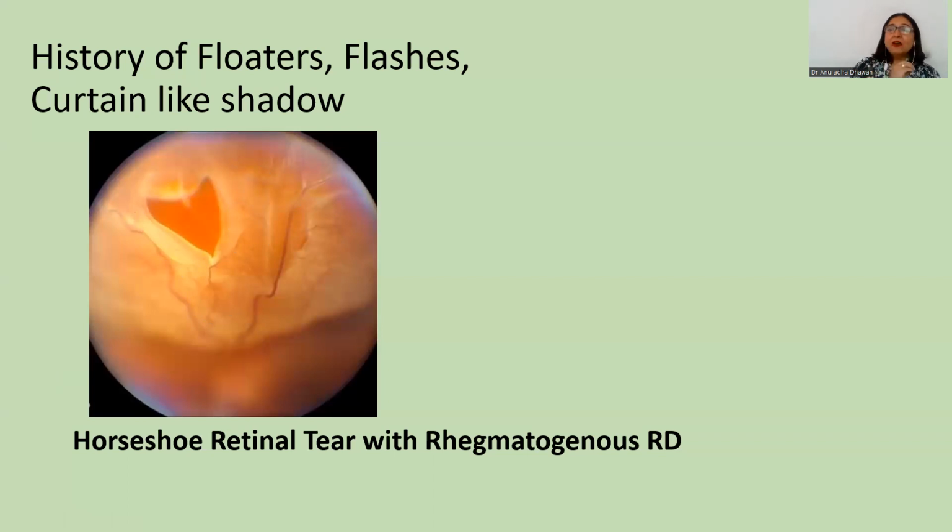So this is how you will identify a fundus image of retinal detachment along with a horseshoe retinal tear. We know that when the retinal detachment is due to a tear, it is known as rhegmatogenous retinal detachment. So dear friends, this is the image of a rhegmatogenous retinal detachment showing a horseshoe tear in the retina.